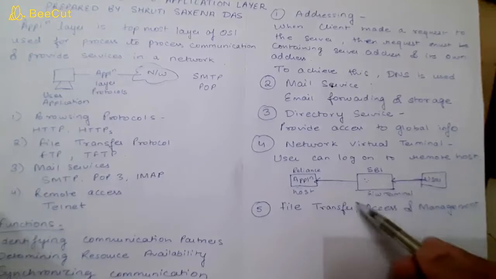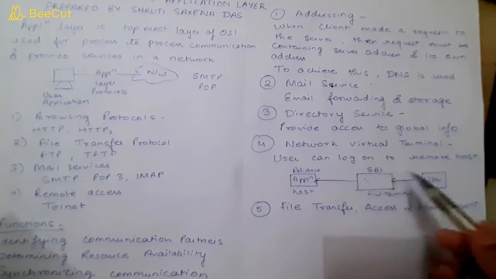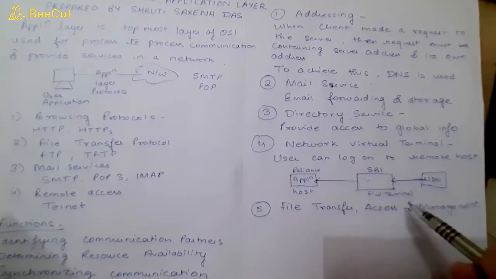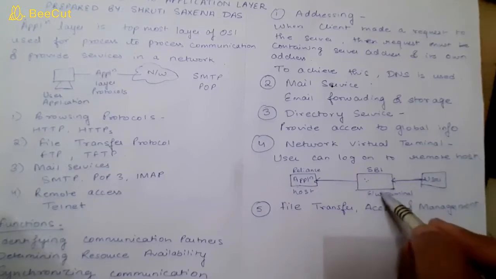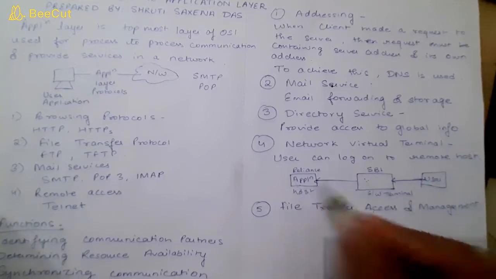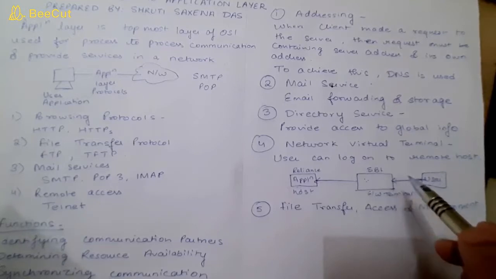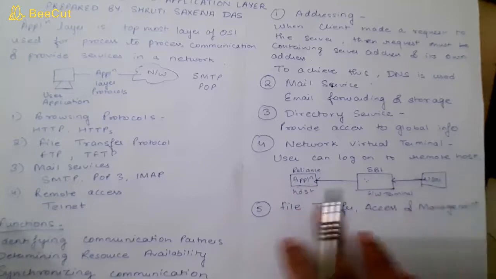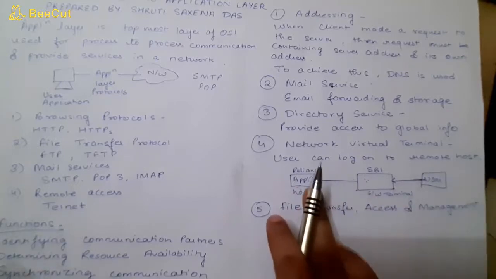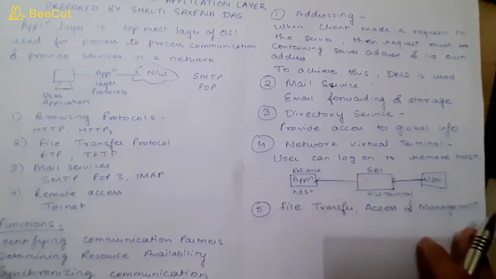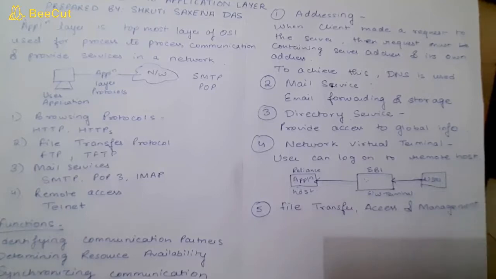So the application is creating a software emulation of a terminal at the remote host. This is the remote host, and this SBI will be your software emulation. So we can perform network virtual terminal with the help of application layer protocols.